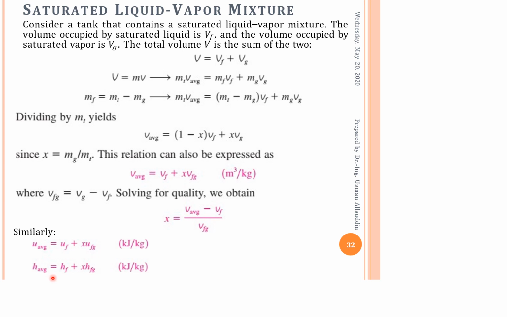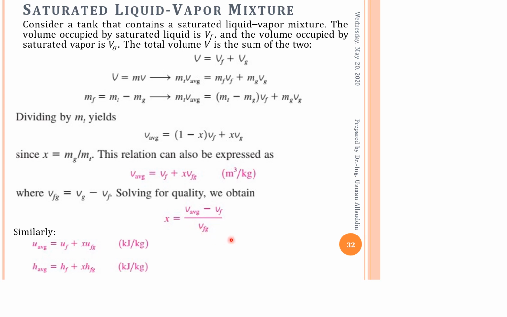So all the formulas are applicable to find the quality. This is a universal formula, and we will be using it. For example, to find x through enthalpy, it will be h average minus hf divided by hfg. And through internal energy, it will be u average minus uf divided by ufg.